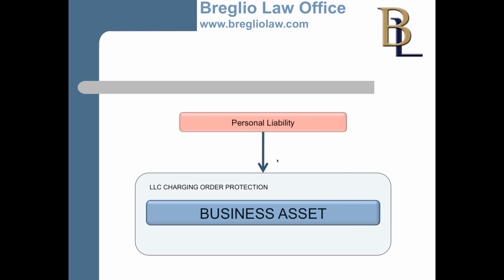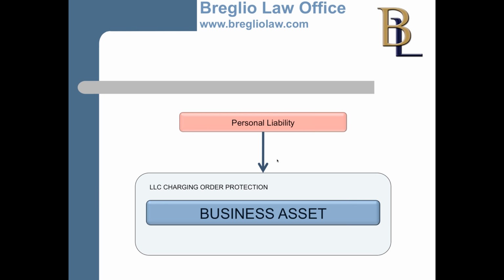They're owned by the company, they're used by the company, they're part of the company's business. So the question becomes, can the court come in and force you to sell off these business assets to satisfy the judgment against you? Well, the answer is yes and no.